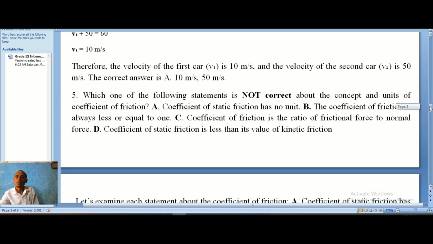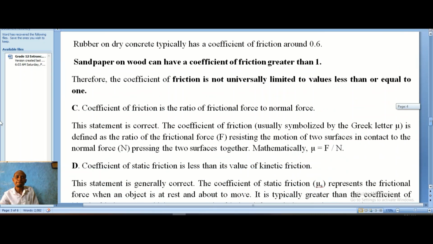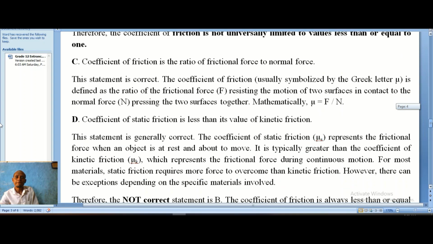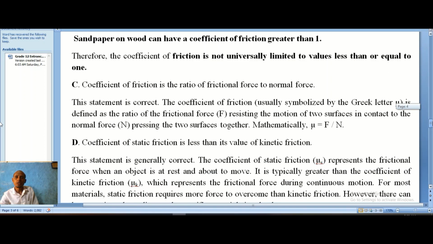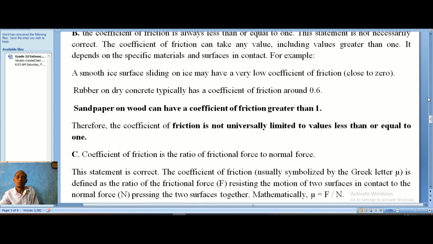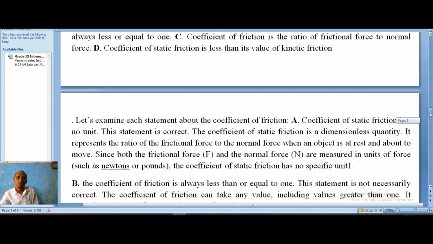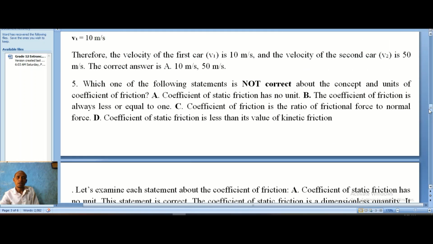Therefore, the velocity of the first car is 10 meters per second, and the velocity of the second car is 50 meters per second, from the given alternatives.